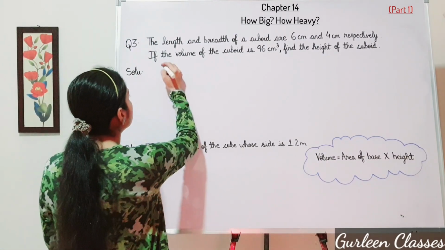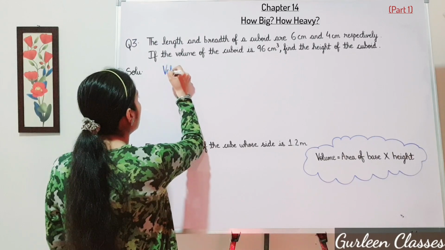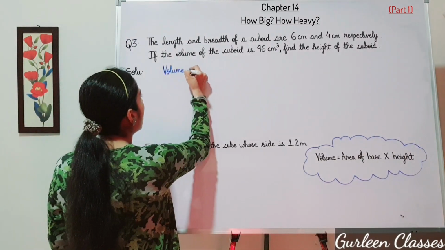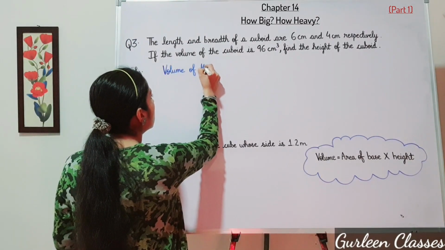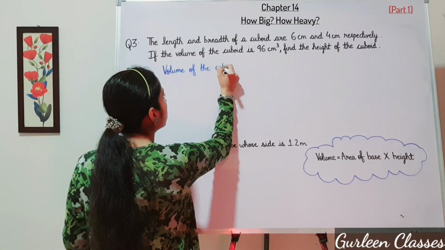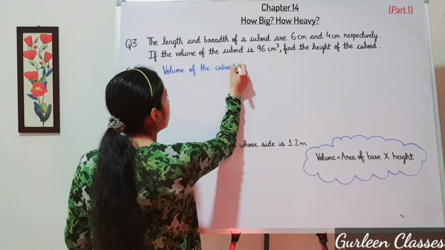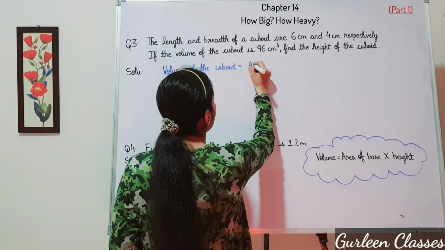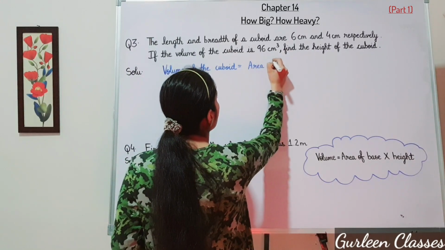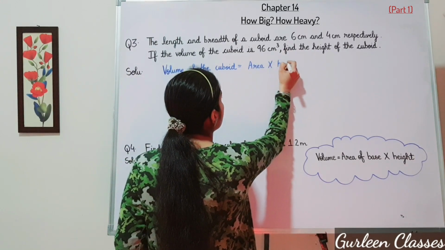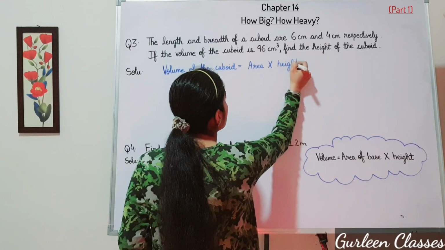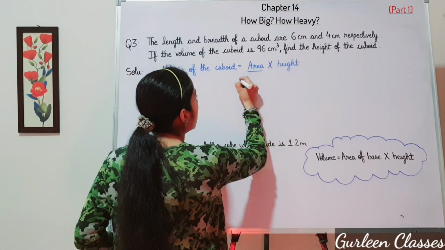First write here volume of the cuboid. Formula is area into height. So area is how much?